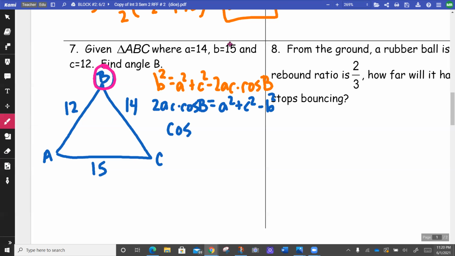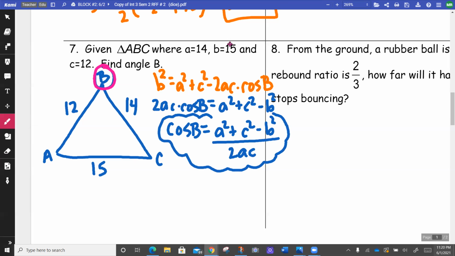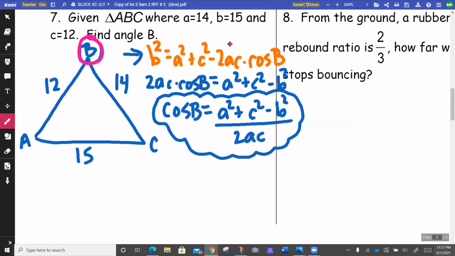And then I'm going to have cosine B is equal to a squared plus c squared minus b squared over 2ac. So this is the formula I would use if I'm trying to find my angle B. But sometimes I can remember this one easier and then derive the other one.